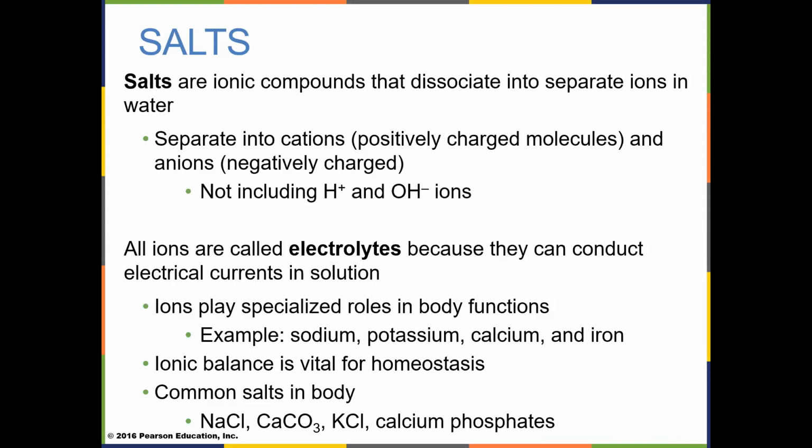The salts that give us the ions are sodium chloride, calcium carbonate for our bones and for muscle contractions, and potassium chloride. We need the sodium, we need the potassium, we need the calcium. Chlorine's just watching. Chlorine doesn't get to do a whole lot for us. So the salts are very important here because not only do they function as electrolytes, they function as solute particles, and that's going to drive the movement of water across a cell membrane.